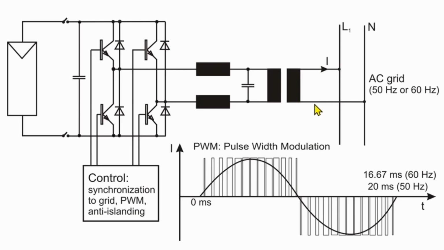But then you have to transform that high frequency AC into DC again, and then it's transformed later at the right voltage into the 50 Hertz grid compatible frequency and synchronized to the grid.